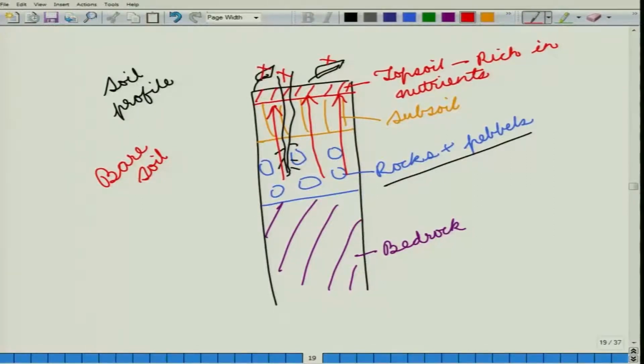So what will happen is, when you have rainfall, then these nutrients will get leached down. So with the water they go down into the subsoil or maybe to this rocks and pebbles layer back. So that process of leaching makes the topsoil poor in nutrients.